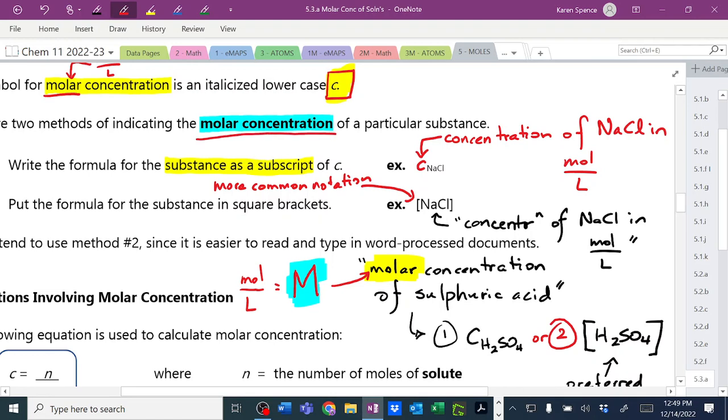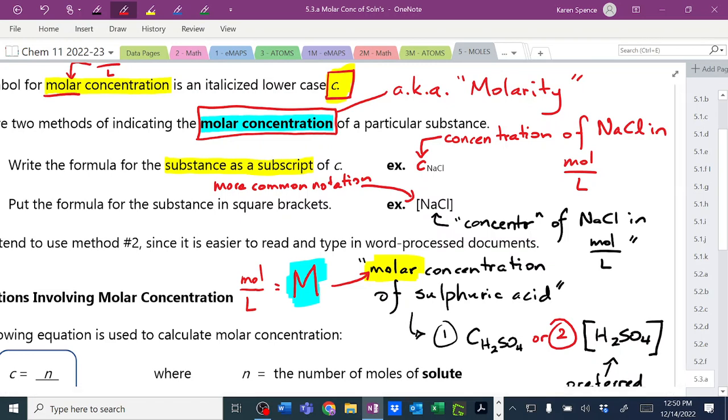So molar concentration, AKA molarity. So much vocab here, right? So the molarity is the concentration in moles per liter, just like the molar concentration.